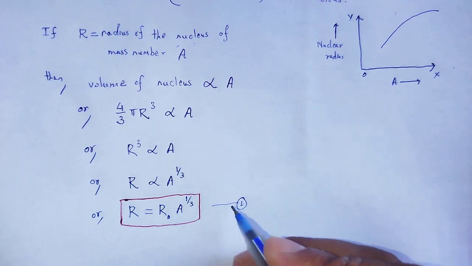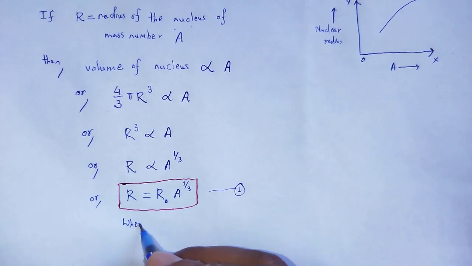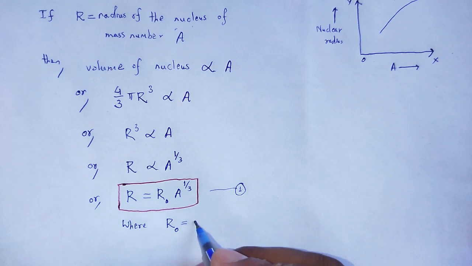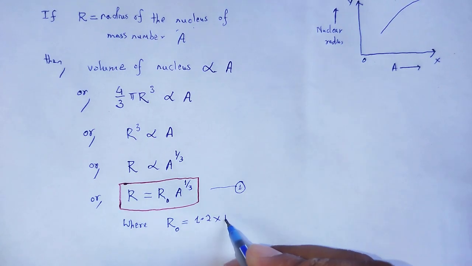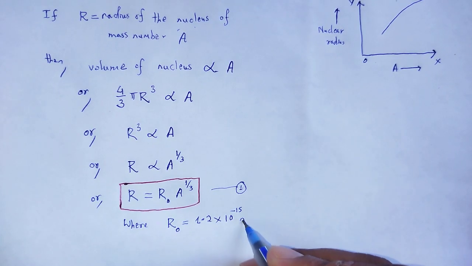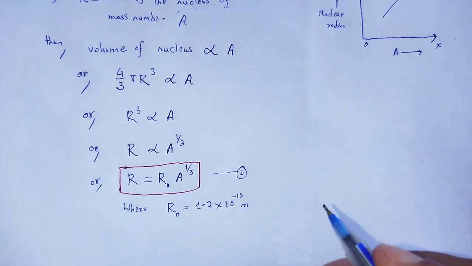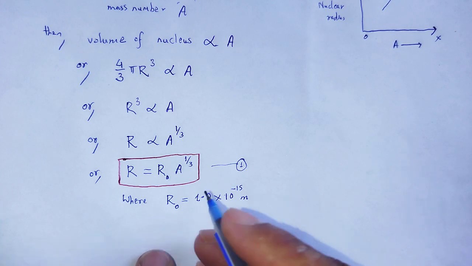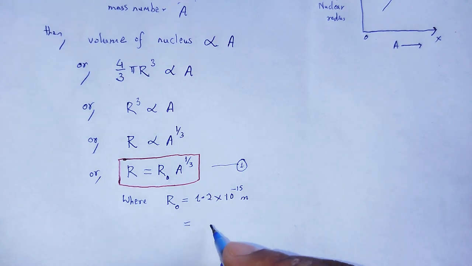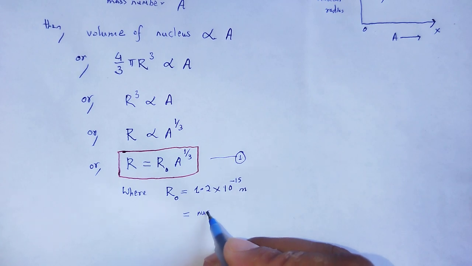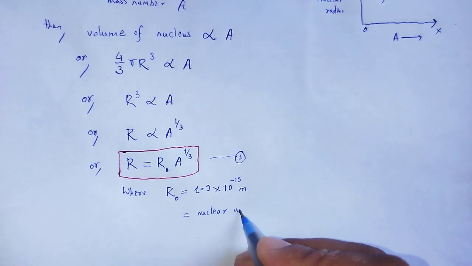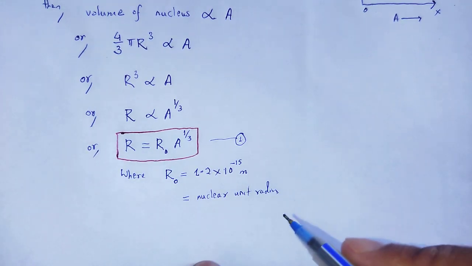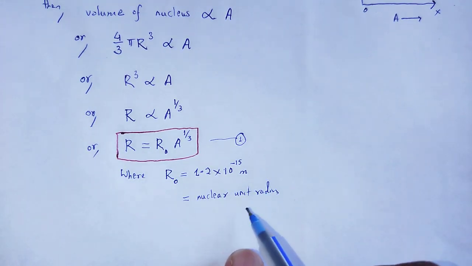In this equation, r naught is equal to 1.2 into 10 to the power minus 15 meter, which is called the nuclear unit radius.